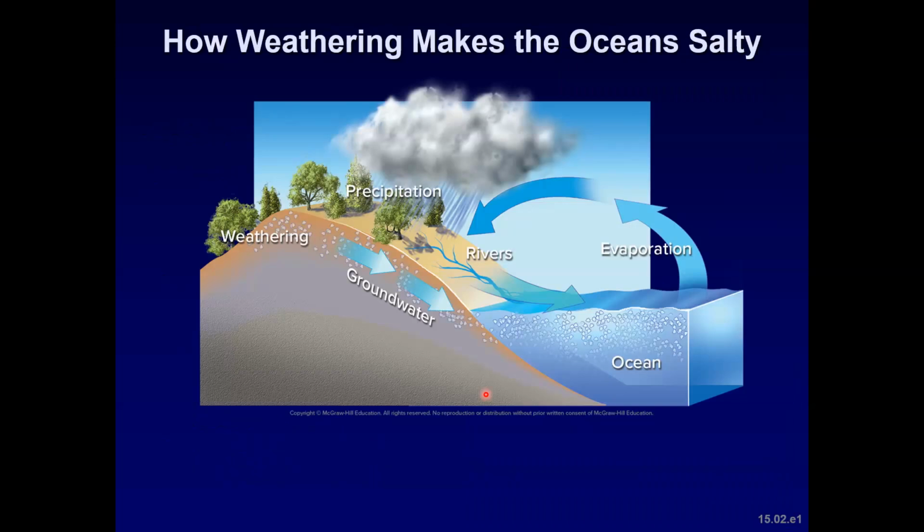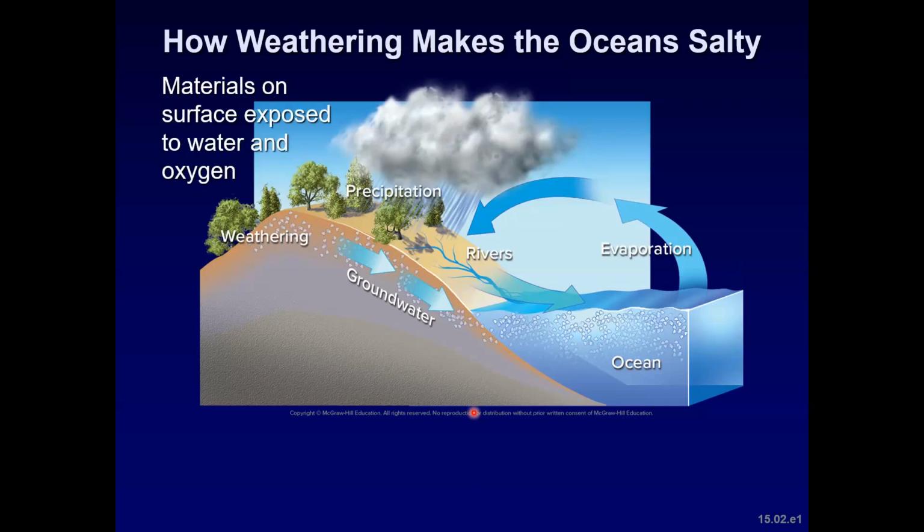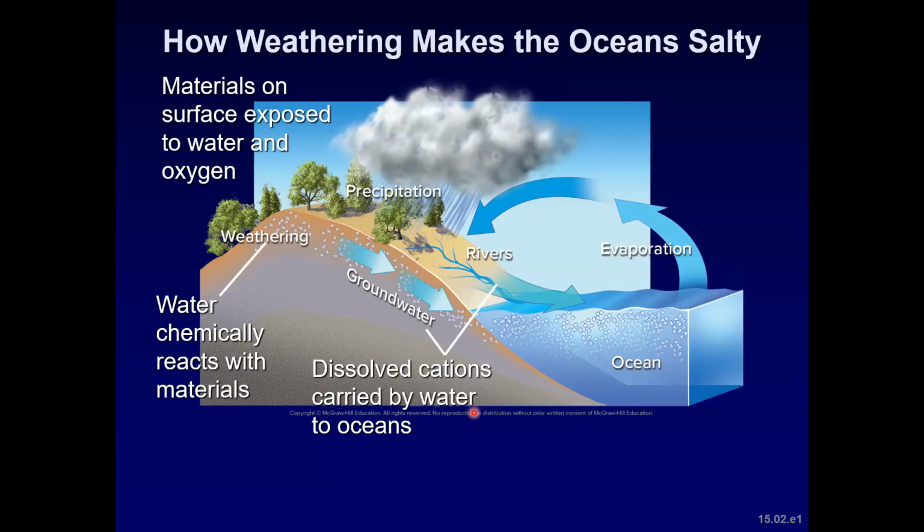Okay. Weathering can also increase the salinity of the oceans, shown here. So rock, sediment, and soil on and near the Earth's surface are exposed to water and to oxygen in the atmosphere. And then some water infiltrates into the subsurface where it may chemically react with the materials. And during weathering, hydrolysis reactions commonly produce clay minerals and they drive out positive ions.